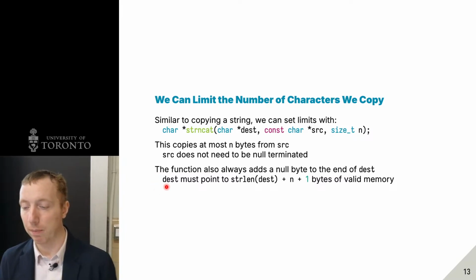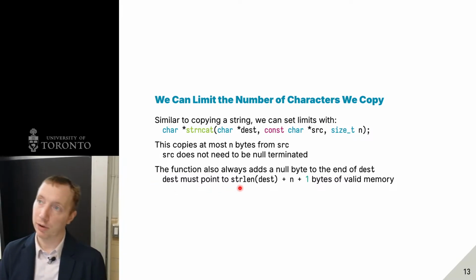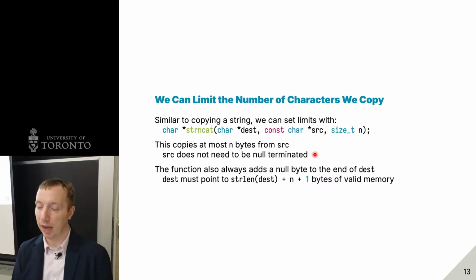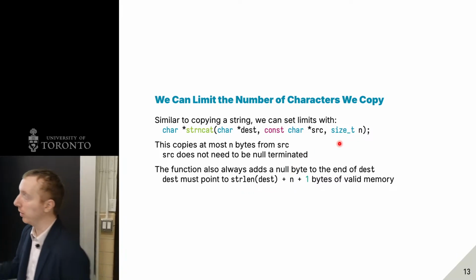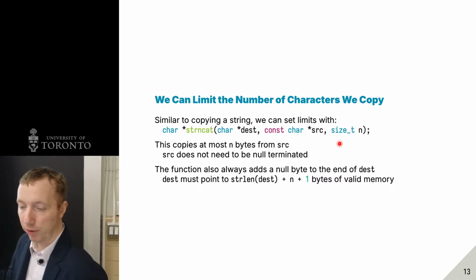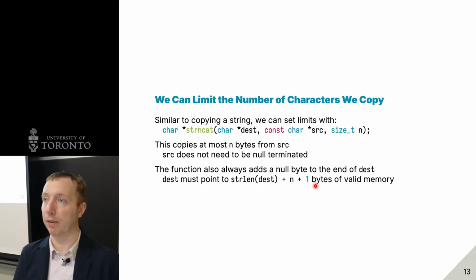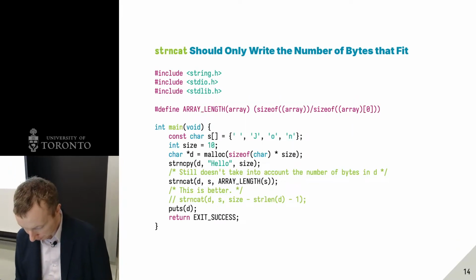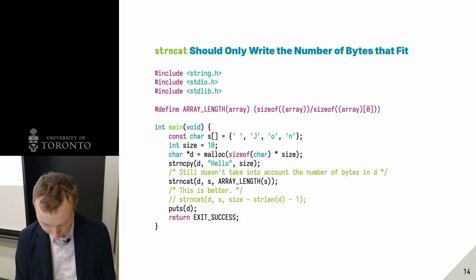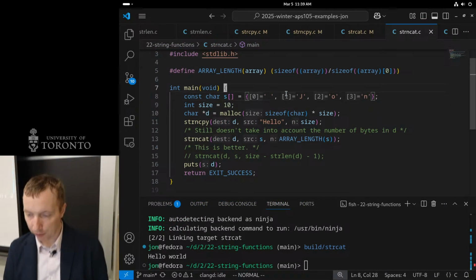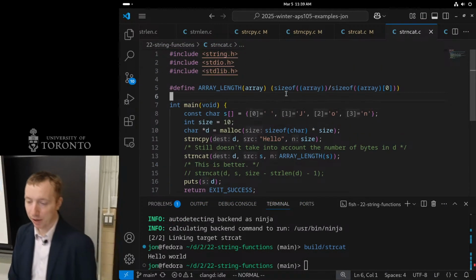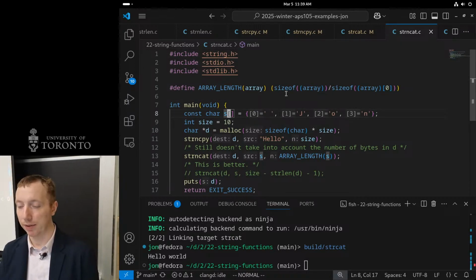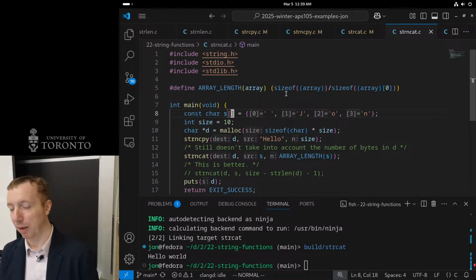So dest must point to at least strlen of dest plus n, which is how many bytes we're going to copy from the source string, plus 1 byte of valid memory, in order to copy the entire string, and you have to ensure that. So if we look at a more complicated example, this time I'll allocate a variable called s, which is an array on my stack, and set it equal to " John".